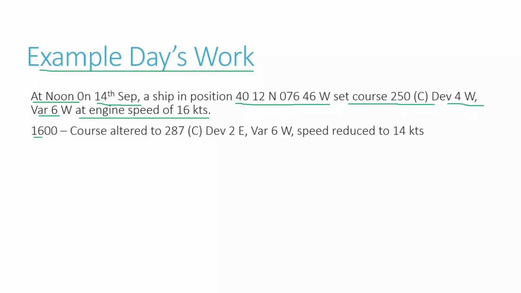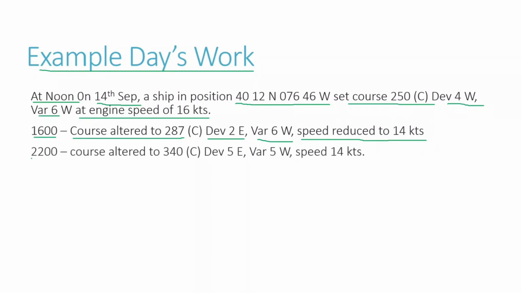This continued till 1600. At 1600, the course is altered to 287. The deviation is 2 degrees east now, and variation is 6 degrees west. At 1600, the speed is also reduced to 14 knots. This continues till 2200 in the night.